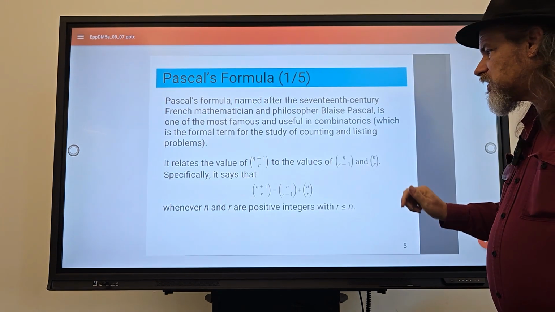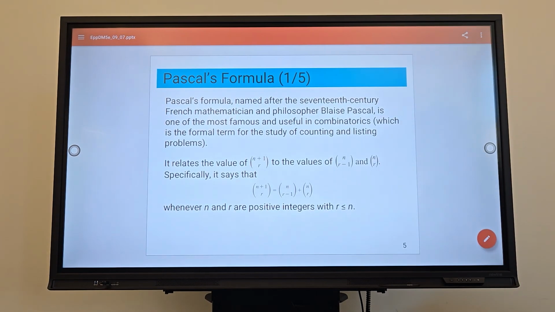Now, Pascal's formula, named after the 17th century French mathematician and philosopher, is one of the most famous and useful in combinatorics, the formal term for studying counting and listing problems.